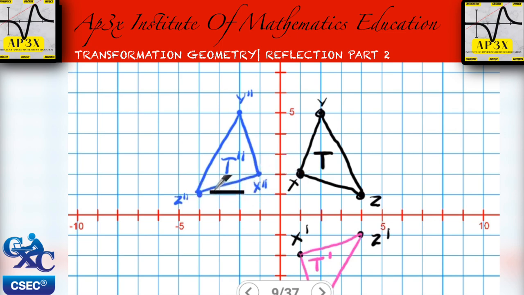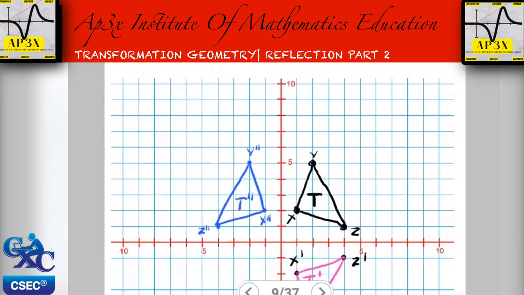And z here is going to be 1, 2, 3, 4 units away from this red y-axis, so it's going to be 1, 2, 3, 4 units on the other side of the y-axis. So it matches perfectly with what we are looking for.